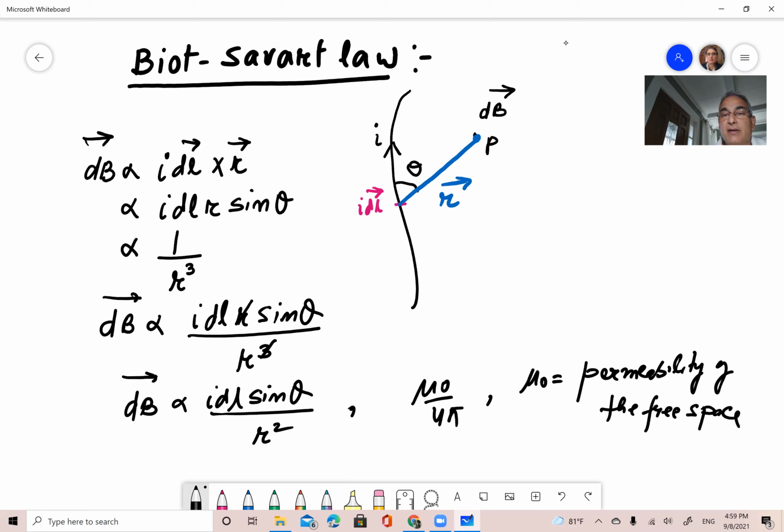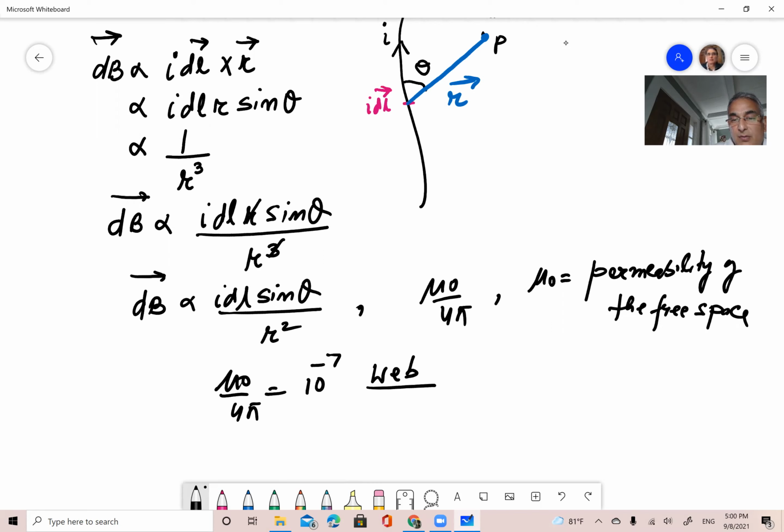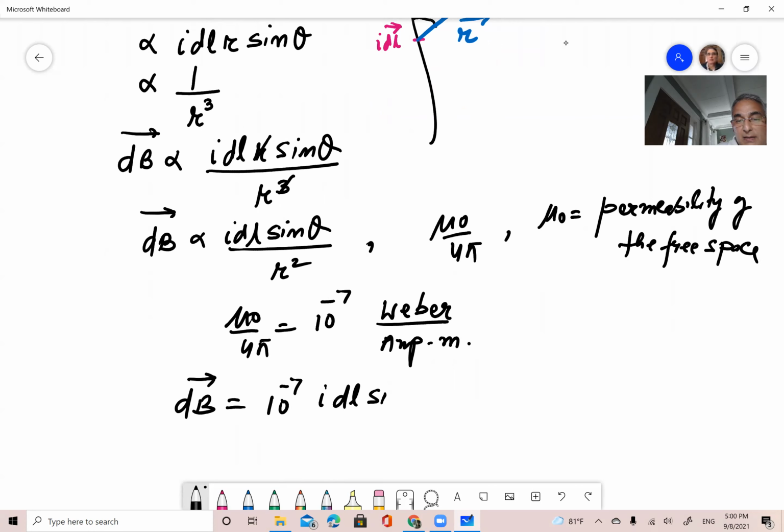The value of mu0 over 4 pi is 10 to the power minus 7, and the unit is Weber over ampere meter. So my final expression for dB is 10 to the power minus 7 IDL sine theta over R squared.